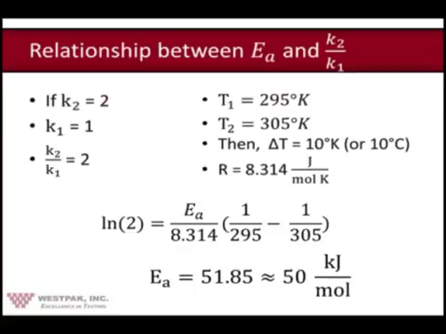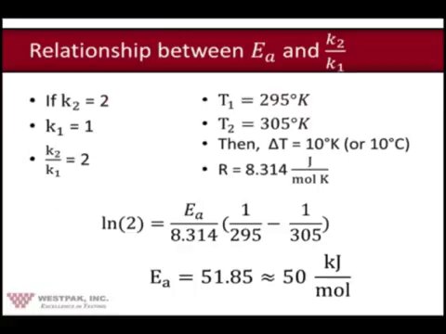Okay, this is the important step here. So now that we have the relationship between the rates of two separate equations, K2 divided by K1 in our particular case, we can define that in terms of a doubling, which means K2 is twice K1. So that's exactly what we did in that equation.